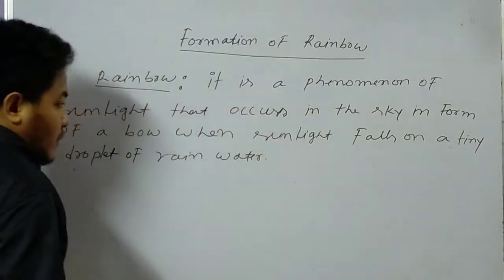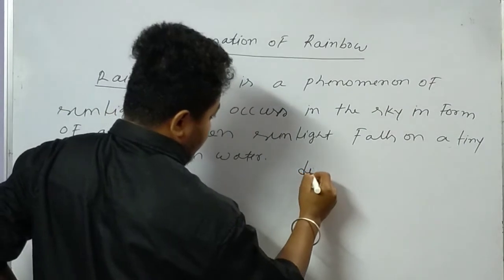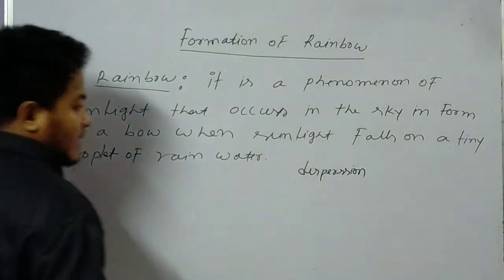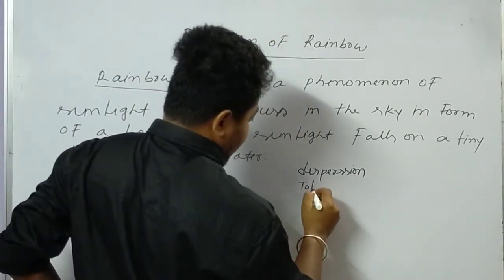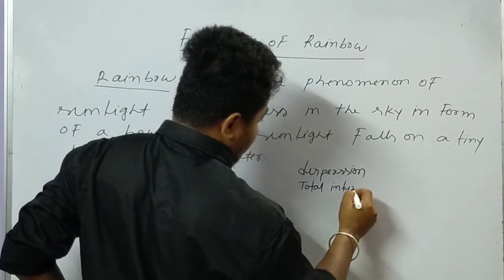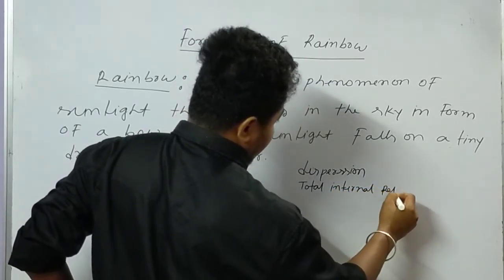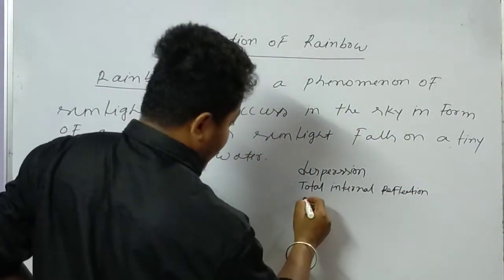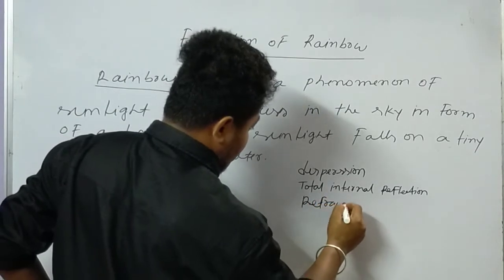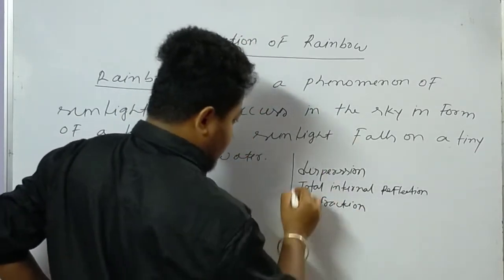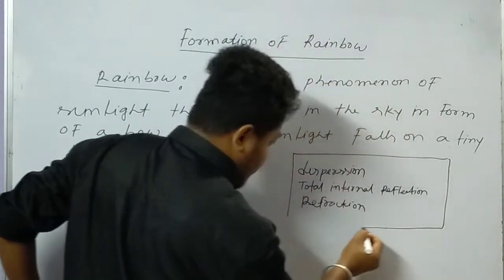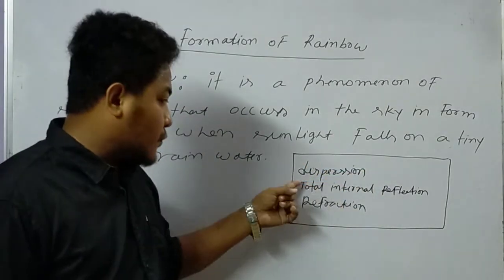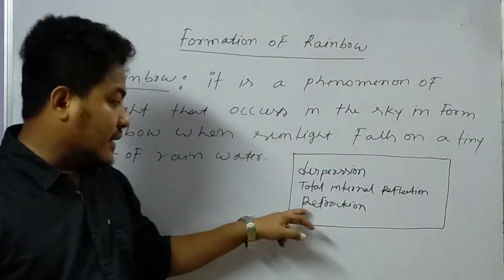The first process is dispersion. The second process is total internal reflection, followed by refraction of light again. Through these 3 processes a rainbow is formed: dispersion, total internal reflection, then refraction again.